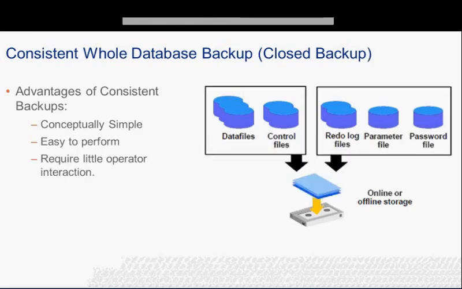A consistent whole database backup, also known as a closed database backup, is a backup that is taken of all the data files and control files that constitute an Oracle database while the database is closed. It can also include the online log files, parameter files, and the password files.